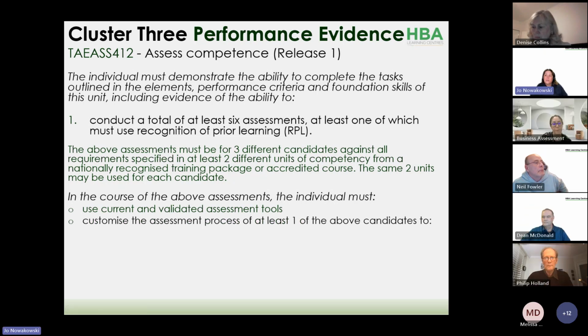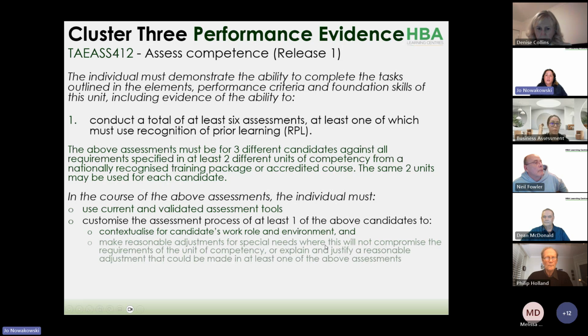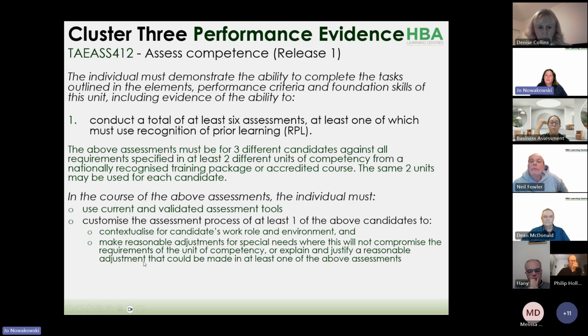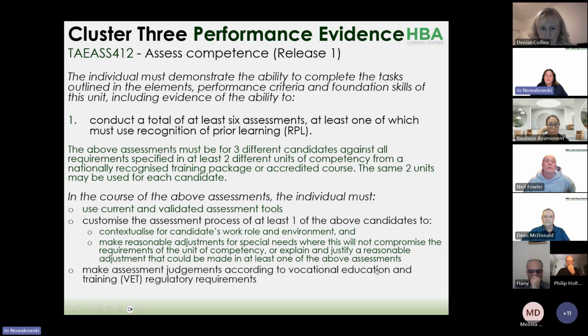Customize the assessment process of at least one of the above candidates to contextualize for candidates' work role and environment, make reasonable adjustment for special needs where this will not compromise the requirements of the unit of competency, or explain and justify a reasonable adjustment that could be made in at least one of the above assessments.